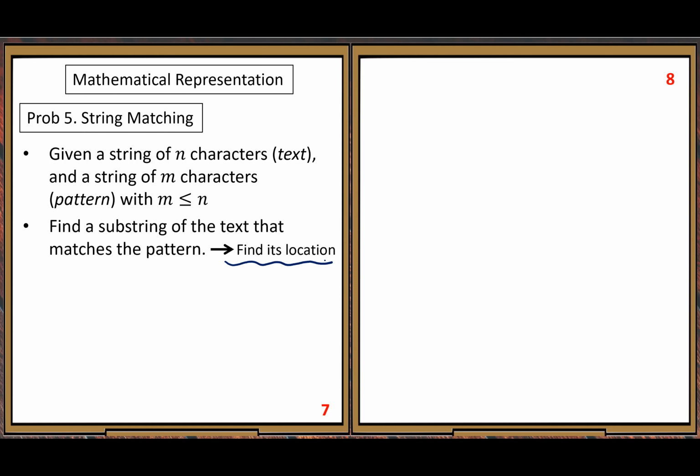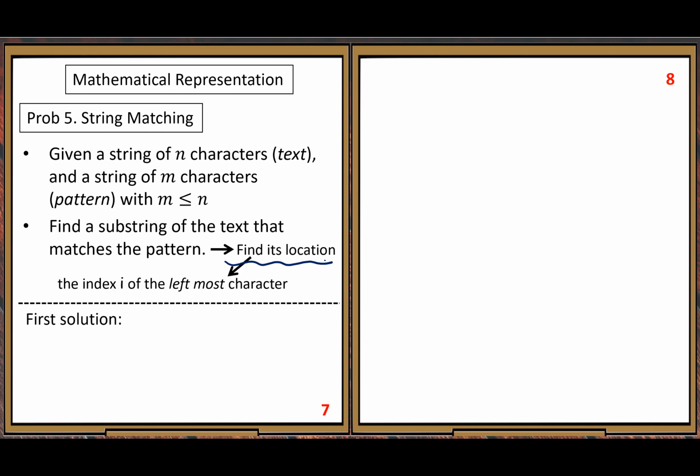But for the location, you need to interpret what is the exact meaning of the location. Here, the meaning is the index i of the leftmost character, not the rightmost, not anyone in the middle, just the leftmost index i.